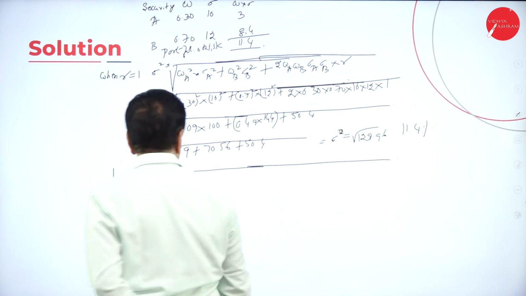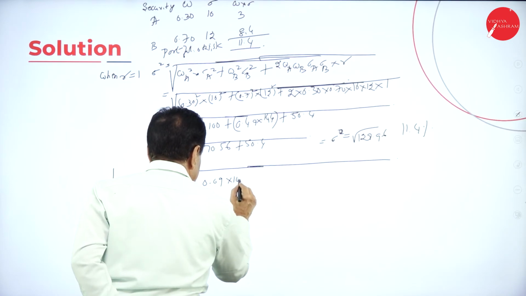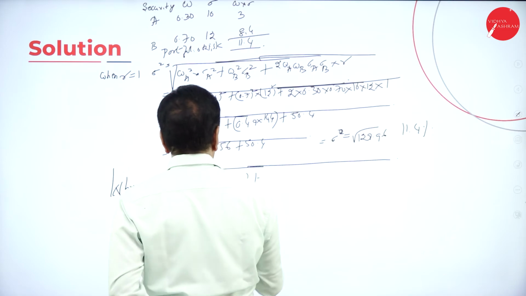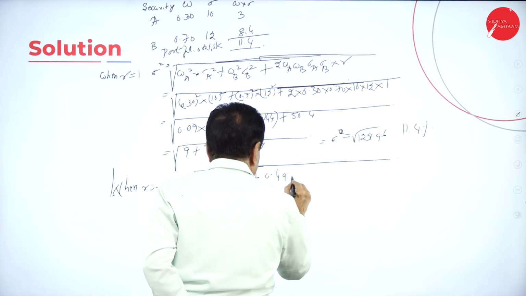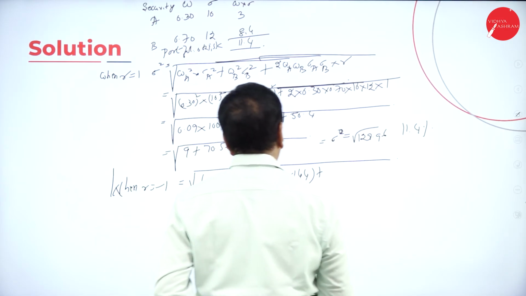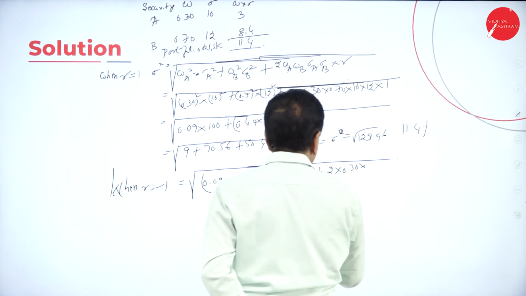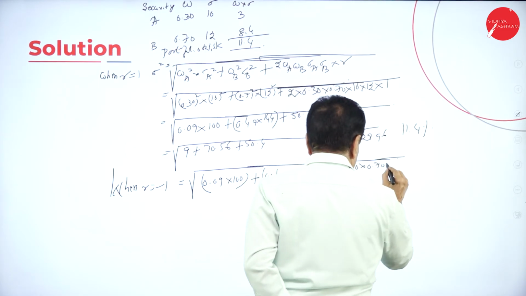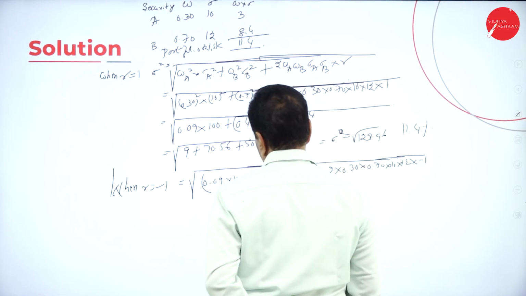Same figures will come: 0.09 into 100, same figure, plus 0.49 into 144, plus the last number only changes. 2 into 0.30 into 0.70 into 10 into 12 into -1.